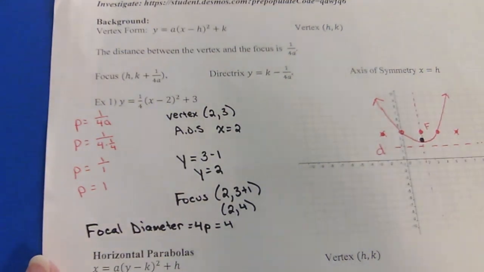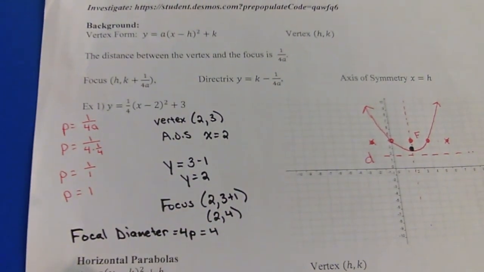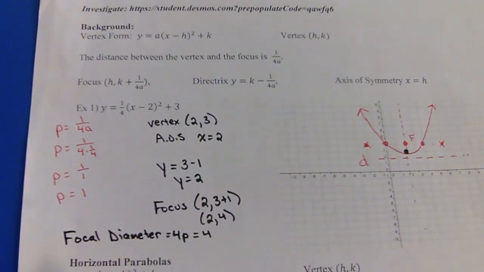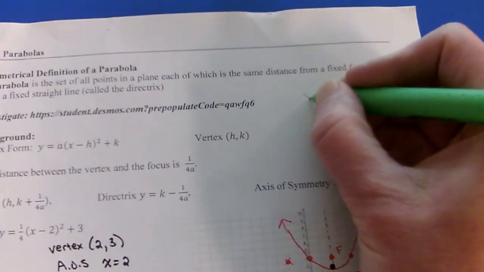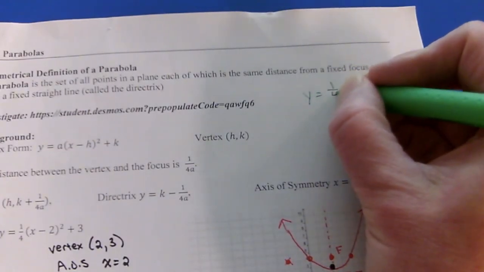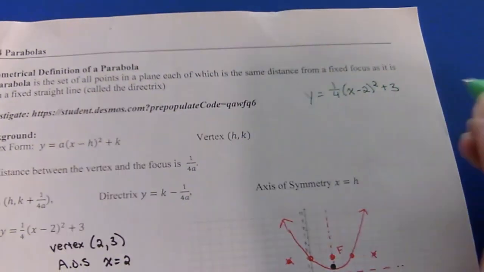Now you'll see the equation written a different way sometimes. So I'm going to come off to the side and show you a different way to read or write the equation. So we had y equals 1/4 (x minus 2) squared plus 3.